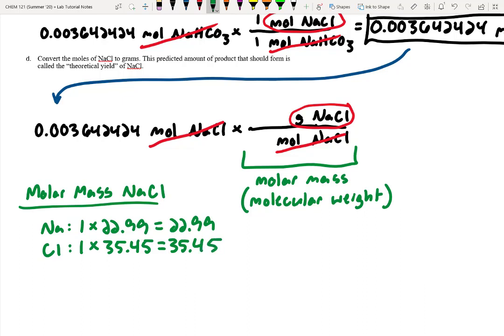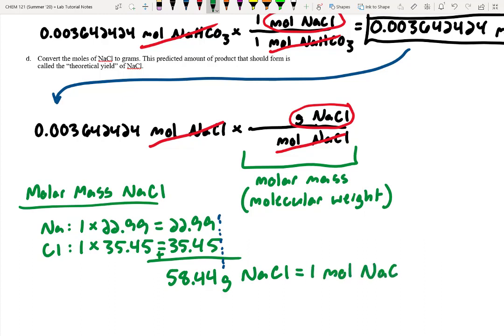In this case, I don't have to worry about sig figs as much, right? Because both of these go to the hundredths place, so we don't have to worry about that at all. What I would find is we would have 58.44 grams, right? And this would be grams of NaCl per 1 mole of NaCl.